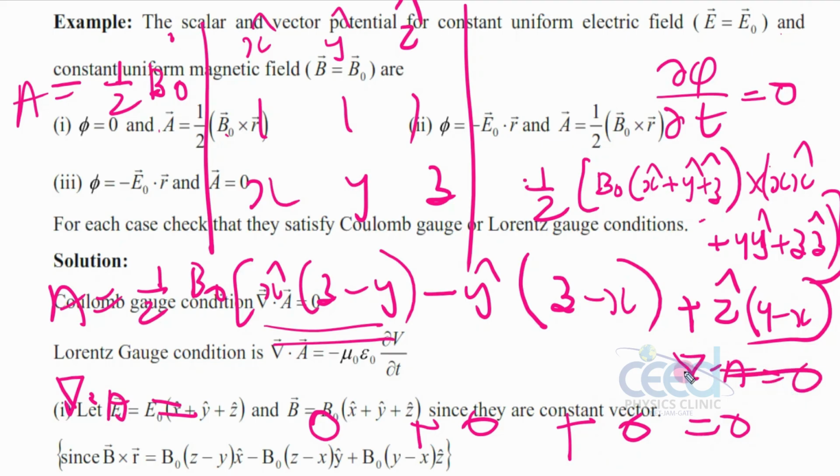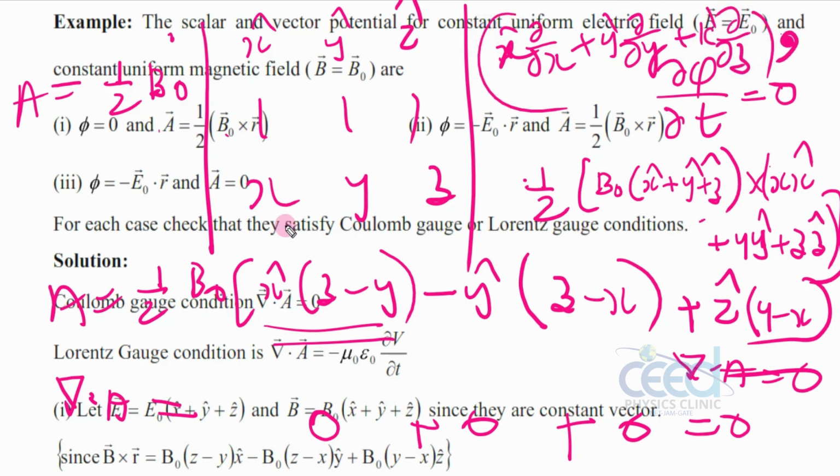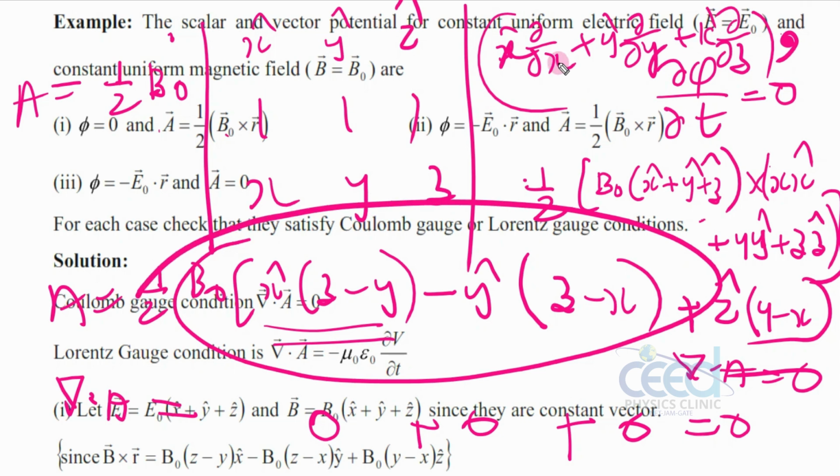Zero. So the divergence of A is I cap dou by dou x plus j cap dou by dou y plus k cap dou by dou z, in dot product with this. So dou by dou x of x cap dot x cap, which is 1, dou by dou x of this is 0. Y cap dot y cap is 1, dou by dou y of this is 0.